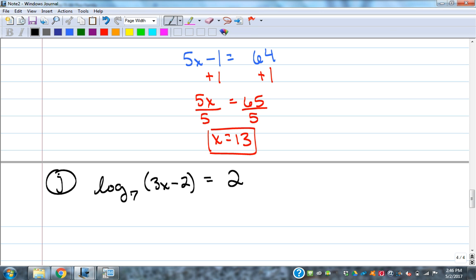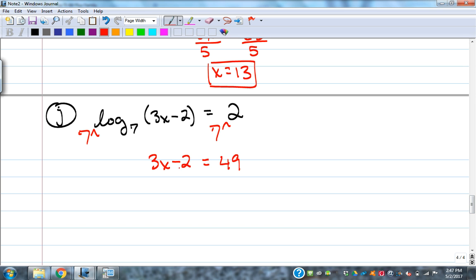What gets rid of the log? 7 as the base. So that ends up being 7 squared over here on the right, which is what? 49. 3x minus 2 equals 49. Solve that.